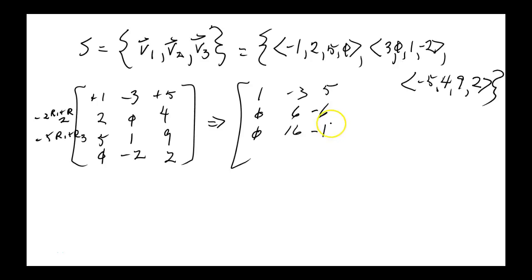Negative, yeah, right? And copy that. Okay, we can divide the second row by 6, the third row by 16, and the fourth row by 2, or negative 2. And then those are all the same.